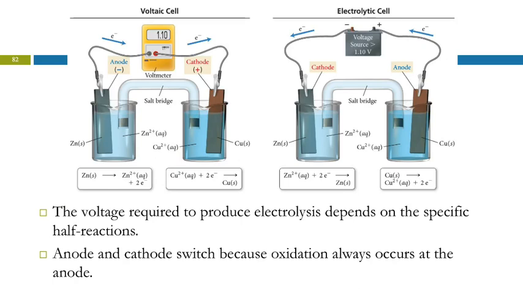And that makes the zinc the cathode and the copper the anode. They're opposite because oxidation always occurs at the anode. And so what we're doing is we're switching the name of the electrode rather than what happens there.